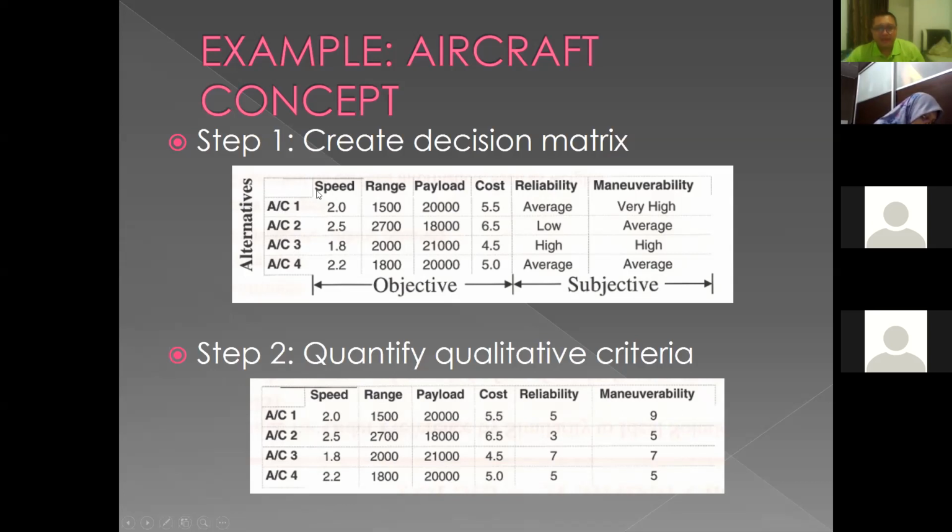On the second column here, we have speed. Here, I think it is mentioned in the Mach number. Mach number is a representation of a speed relative to the speed of sound at certain altitude.